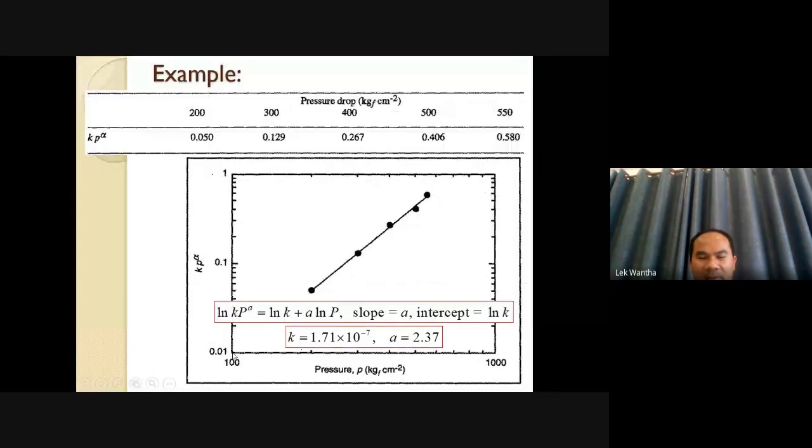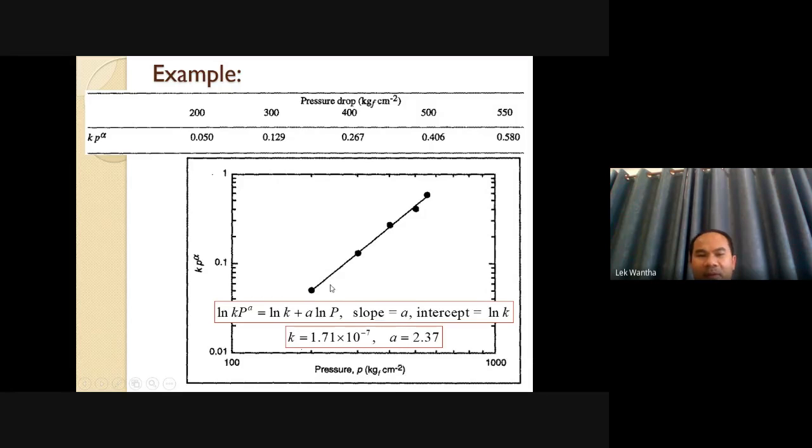If we take log Kp power A equal to log K plus A log P, the slope of this is A, and the intercept is log K. If you put log Kp power A and log P, this is in log scale already. You only put the Kp power A and P for this case.